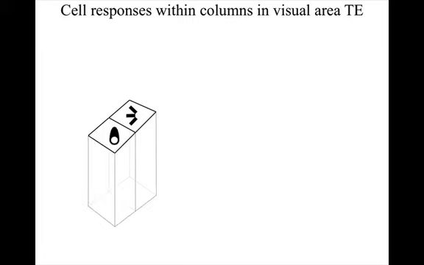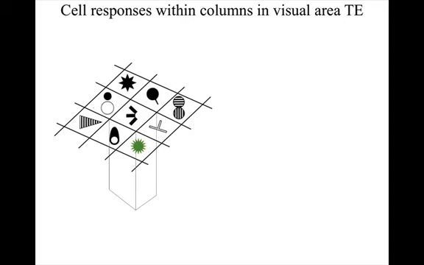But when you cross a boundary, there's an abrupt change to a completely different and unrelated receptive field. So the cortical area is divided up into columns on the basis of different receptive fields.